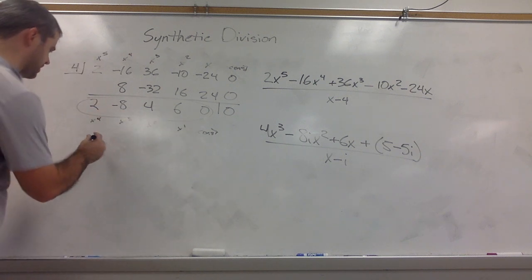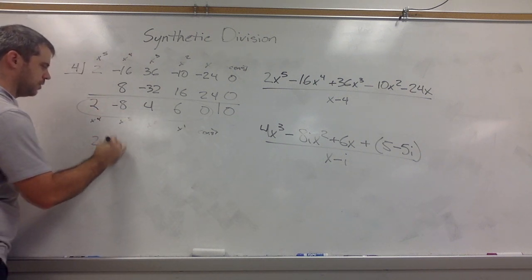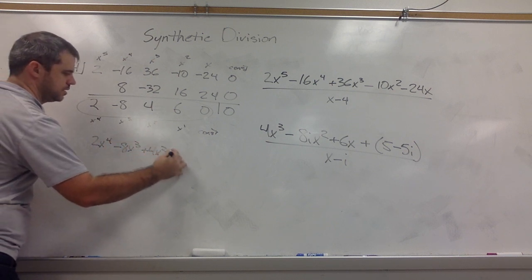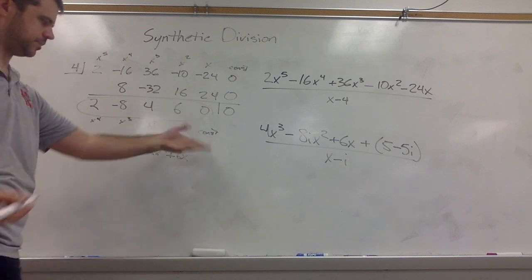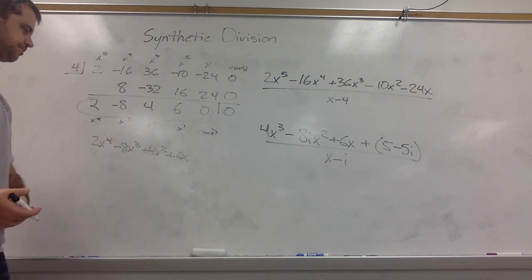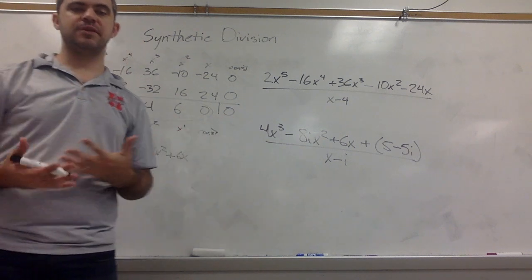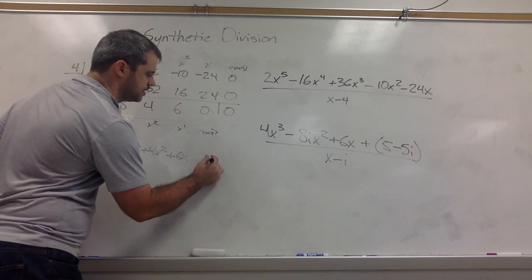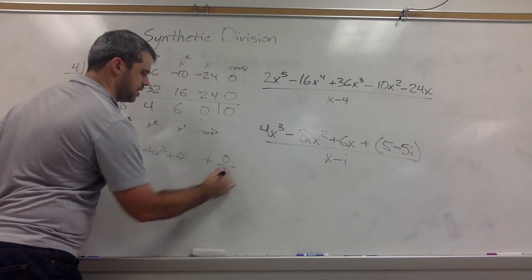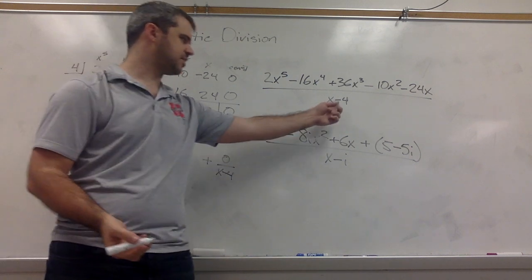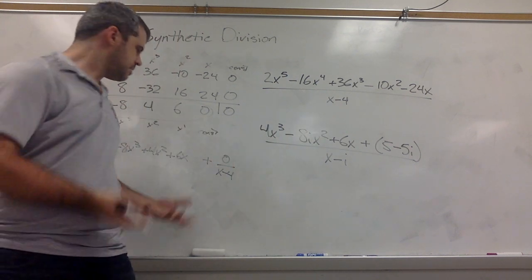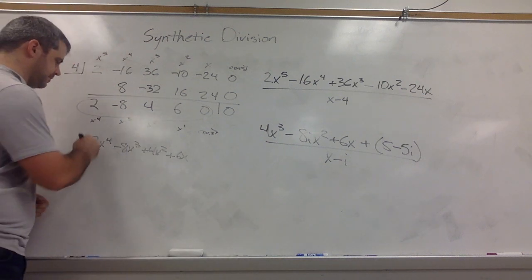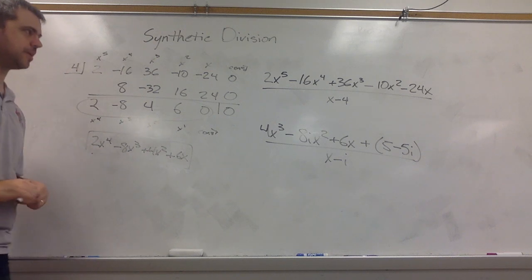So our solution is 2x to the fourth minus 8x to the third plus 4x squared plus 6x. We don't need to say plus 0 here. And what's our remainder? Well, our remainder is 0. If we had something here, we'd have to write the remainder over x minus 4, because that's the thing that we were dividing by. But since we don't have anything, we can go ahead and take that off. But this is going to be our solution here.